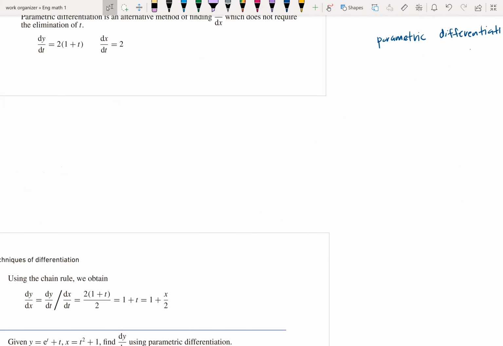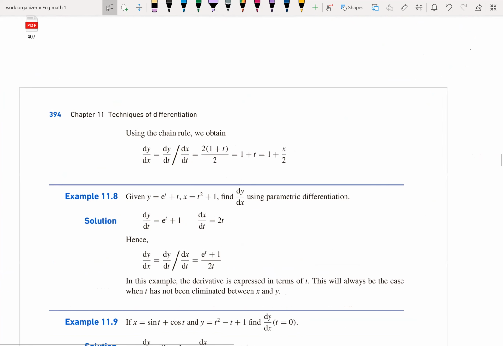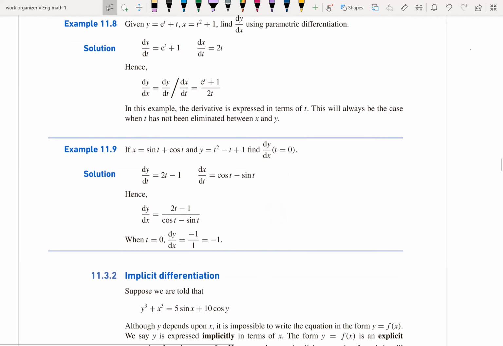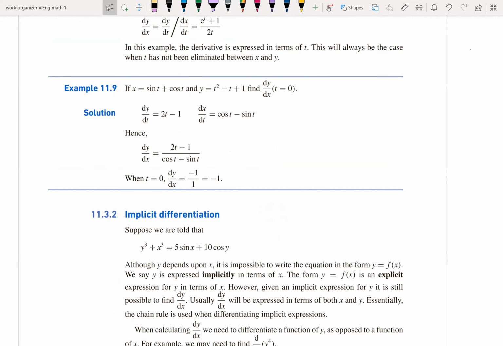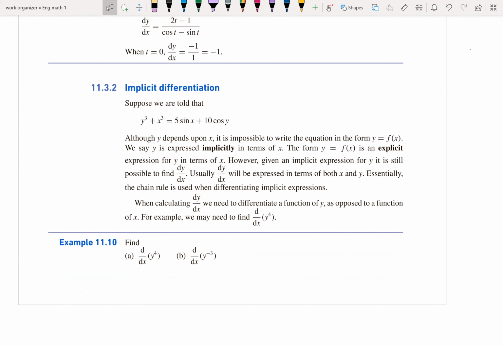Then we go for the next example. Just go straight to implicit differentiation. So what is implicit differentiation?